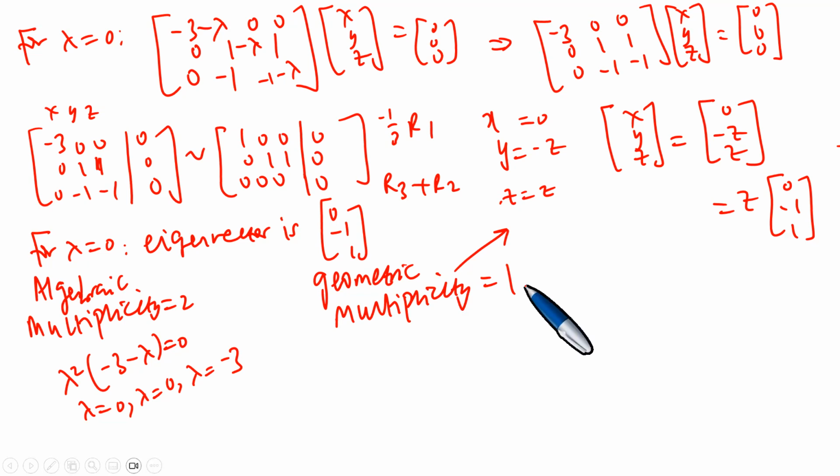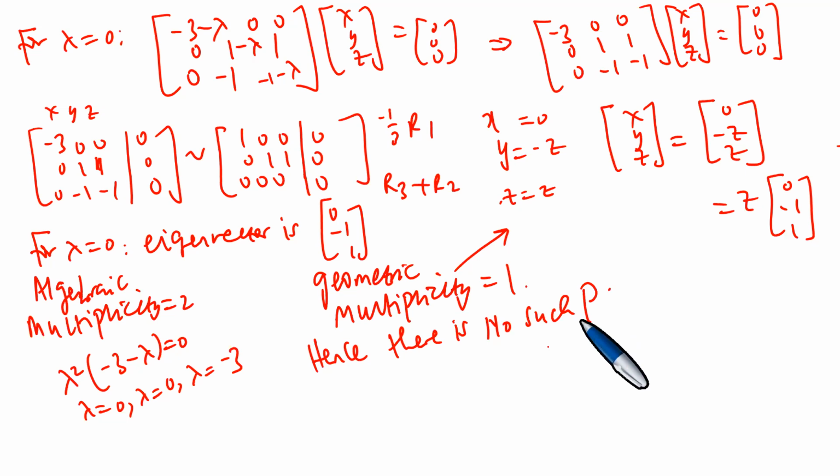In mathematics, the matrix is not diagonalizable, and hence there is no such P. P does not exist.